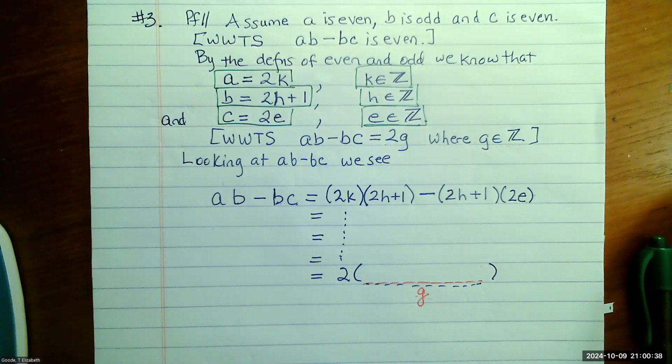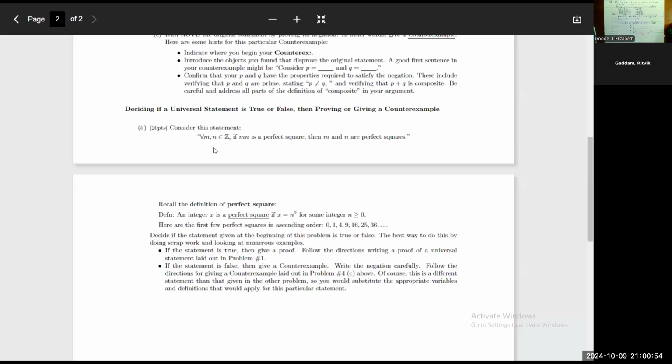However, the original statement is for all m and n being an integer, because m can't always be a perfect square, technically. That's right. So the point is, if this is true, then no matter what we pick for m and n, if we pick an m and an n where their product is a perfect square, then the claim is that both m and n would be perfect squares.